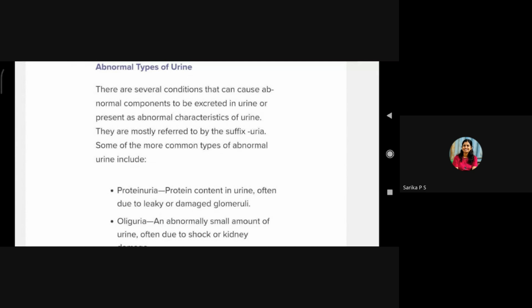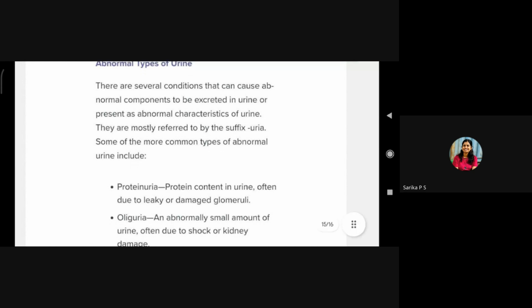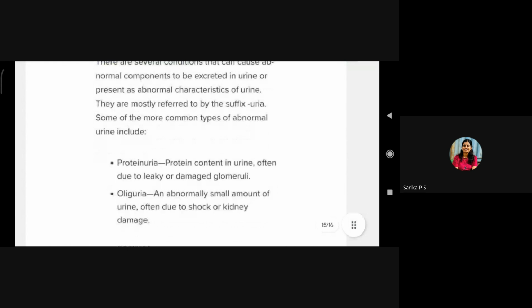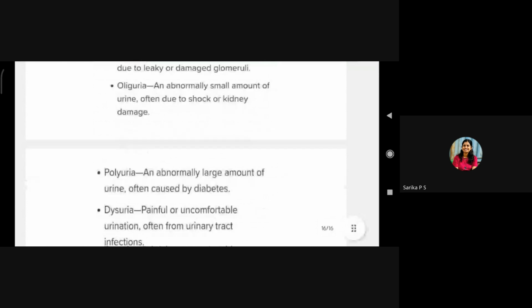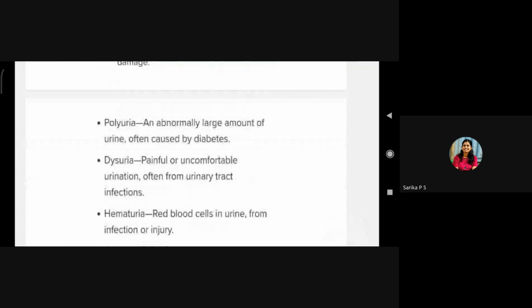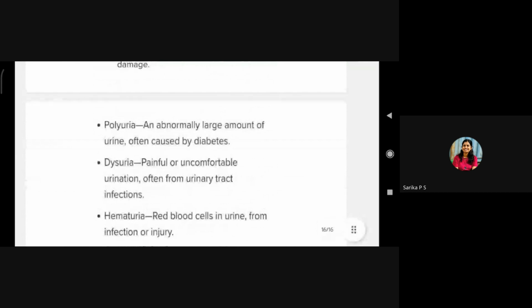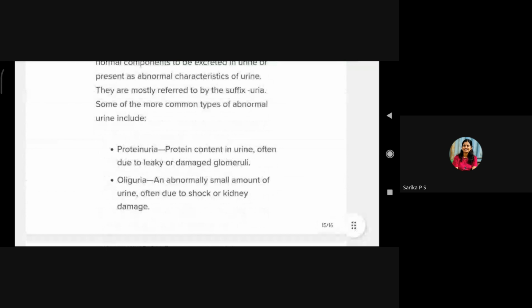Some of the more common types of abnormal urine include, all these conditions having the suffix uria, ending with uria, like proteinuria, oliguria, polyuria, dysuria, hematuria. So all these words are ending with uria, so they have the suffix.